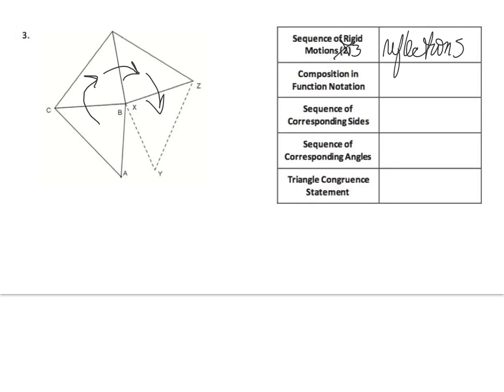Composition and function notation. Let's see. I'm going to label this up here A prime because it's mapped here onto there. Sorry, we're going to start over.